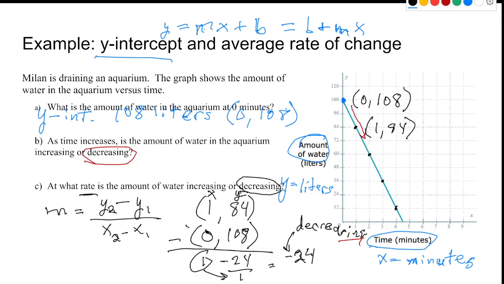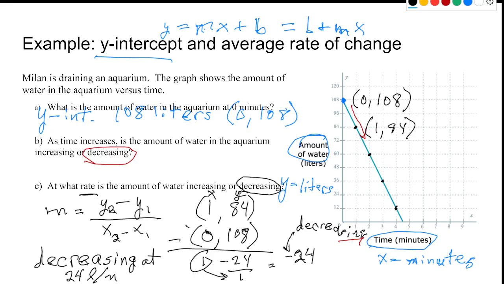Within the ALEC system, if you tell them it's decreasing, then for the rate you would say something like this: decreasing at, squeeze it in here, 24 liters per minute. Because again, a rate also always has units on it, liters per minute.